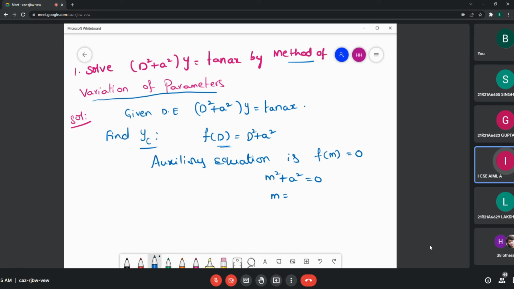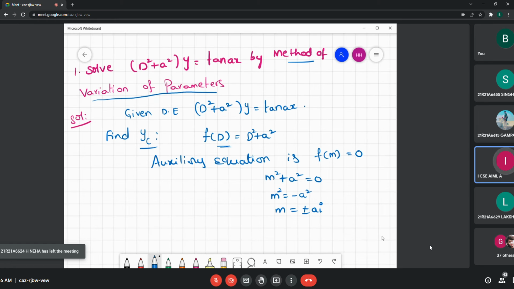The roots are 0 plus or minus ai. So m square is equal to minus a square, so m is equal to plus or minus ai.